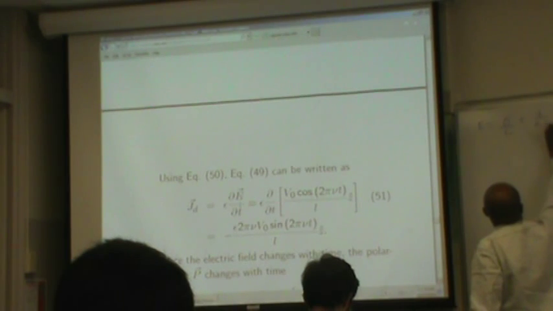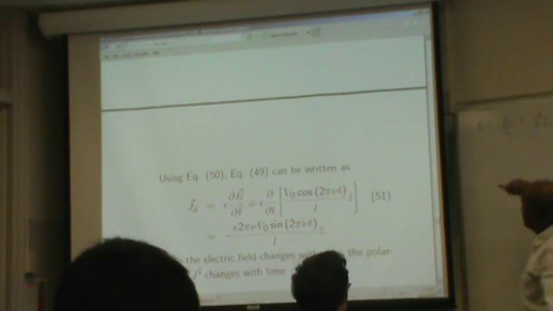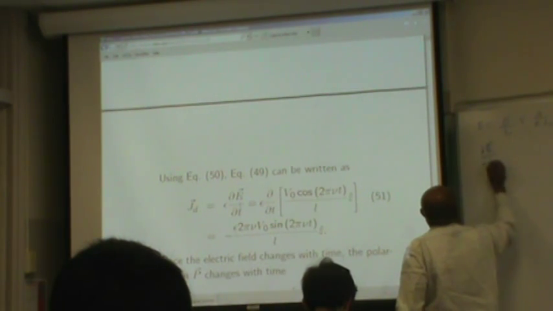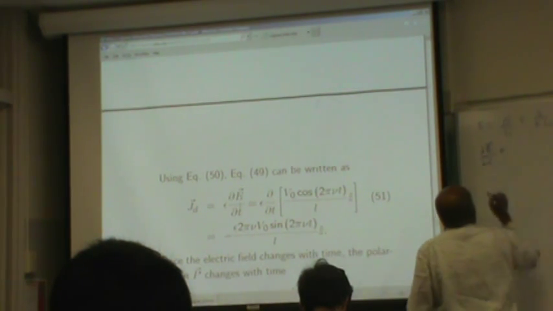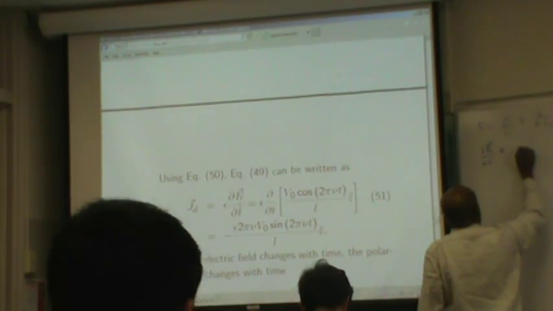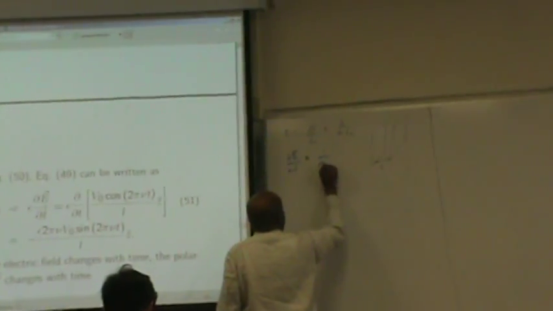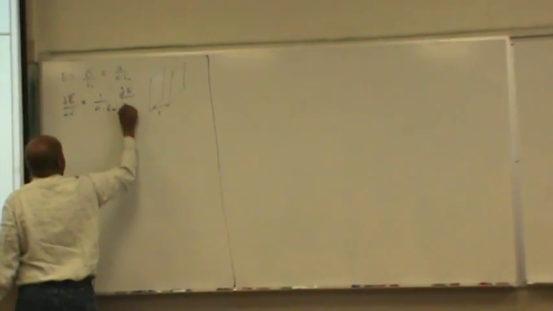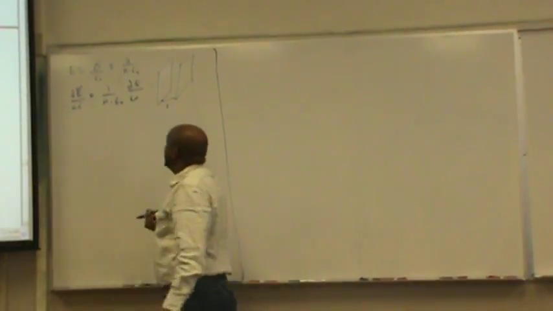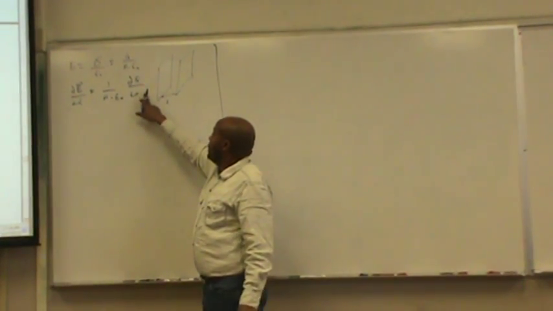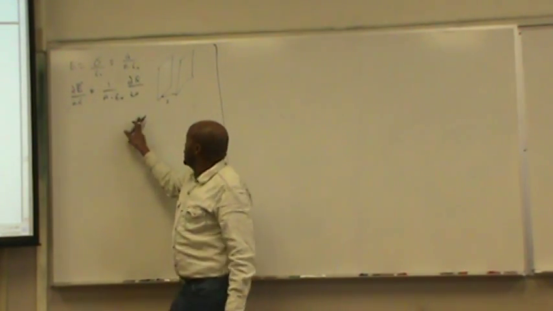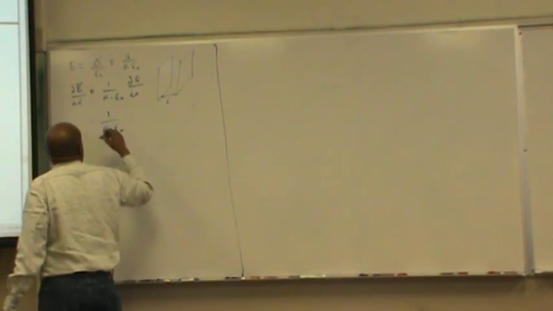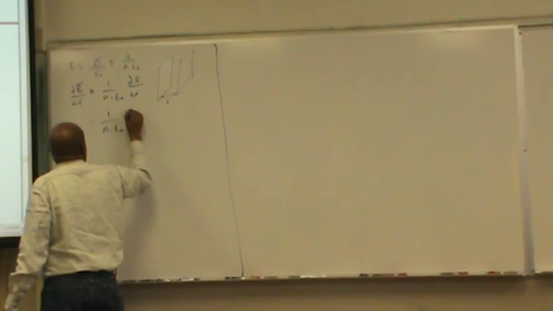So if you differentiate the electric field with respect to time, that will give you 1 over A epsilon naught times dQ by dt, and we said this is the free current, right? So this is going to be 1 over A epsilon naught times I free.